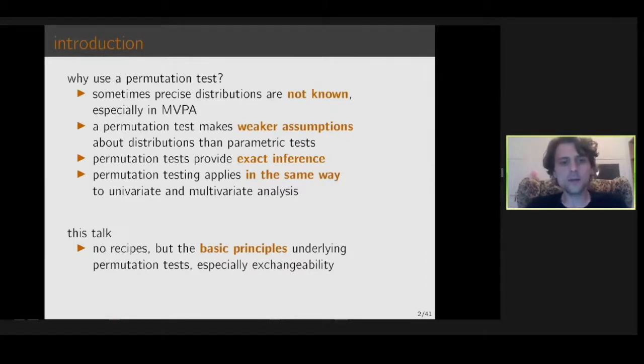In this talk, I'm not going to provide recipes for standard data analysis contexts or for your everyday fMRI data analysis, but I'm more trying to explain the basic principles underlying permutation tests, especially the concept of exchangeability.